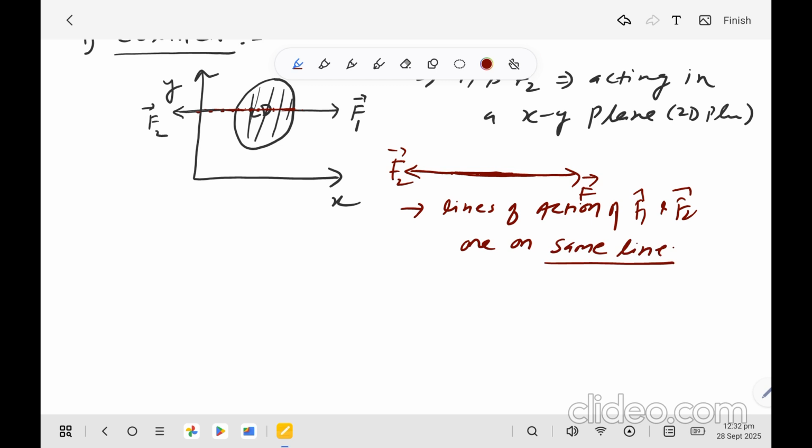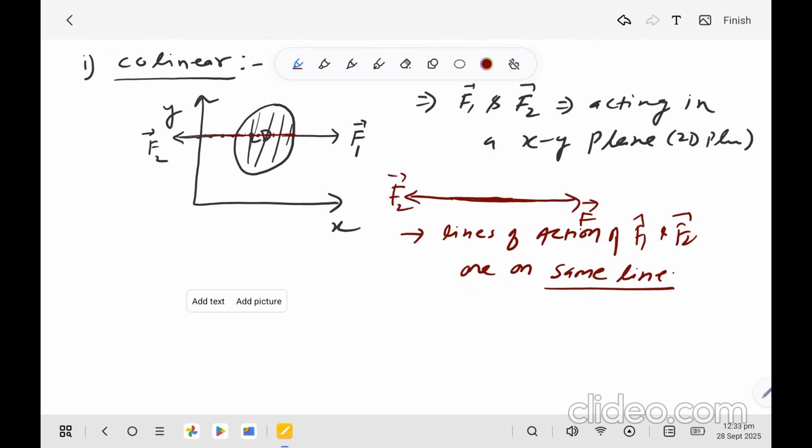So if we have a group of forces acting on a body, all forces lie in a single plane, and if the lines of action of the forces lie on the same line, we call such type of coplanar forces a collinear coplanar system of forces.